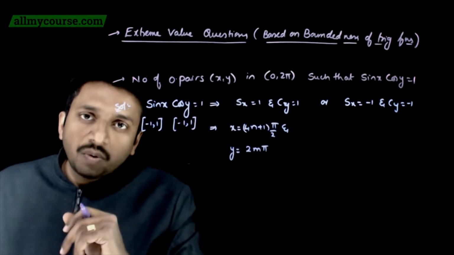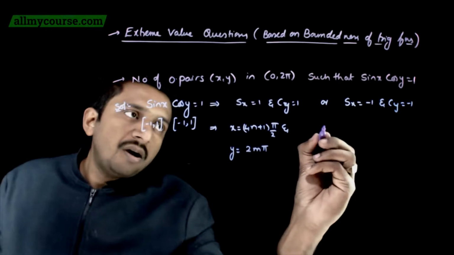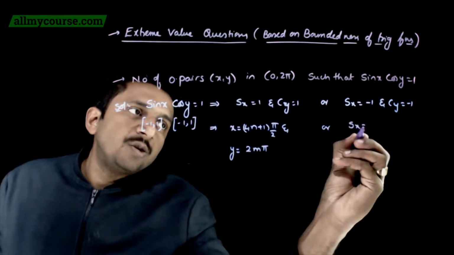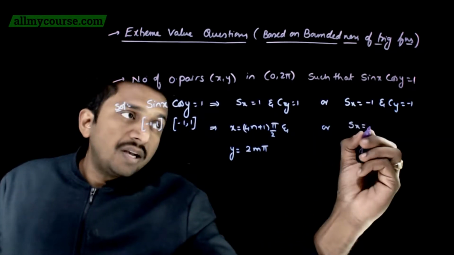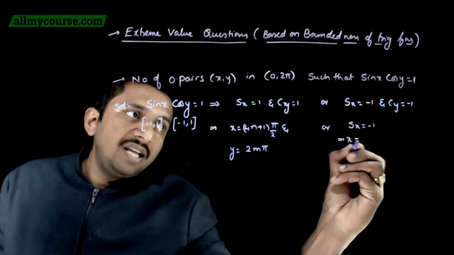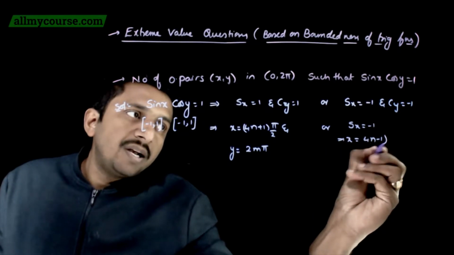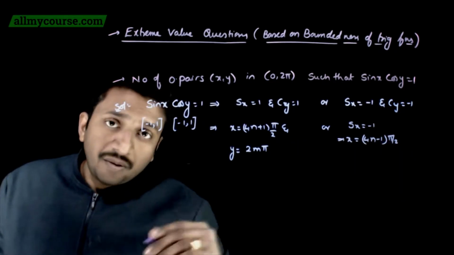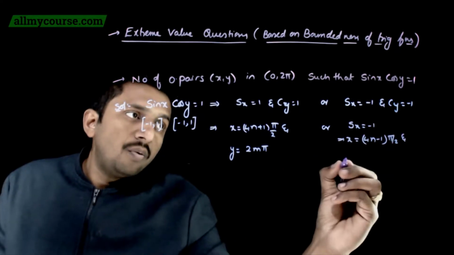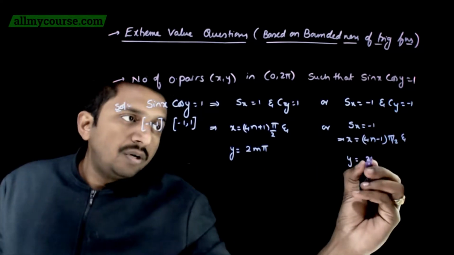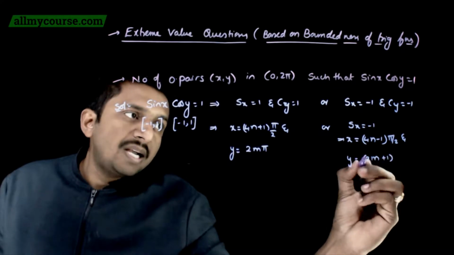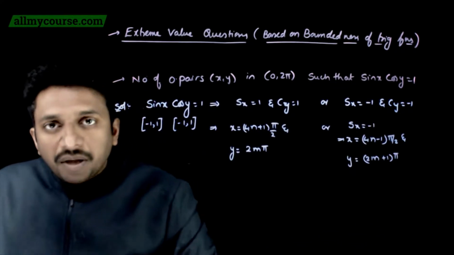Cos y will be equal to 1. So this is one option. Or sin x has to be equal to -1 implies x is equal to 4n minus 1 times pi by 2. We have already derived this. And y should be equal to 2m plus 1 times pi, odd multiples of pi.